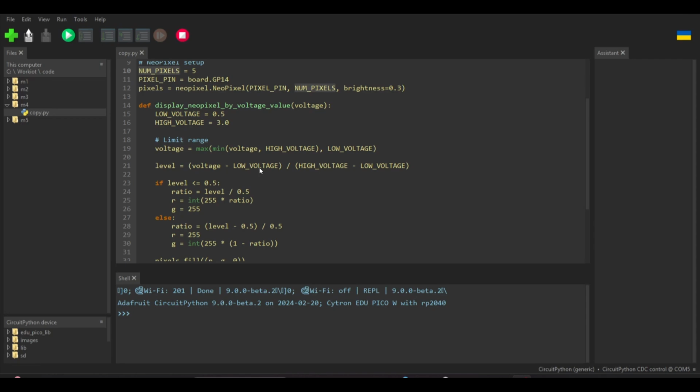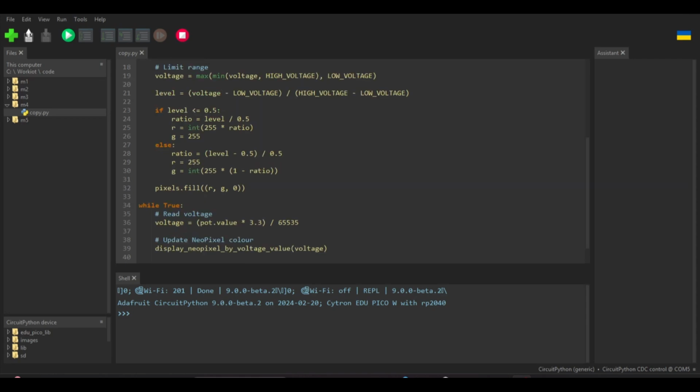R is the integer of 255 multiplied by ratio, which increases from 0 until 255 as voltage moves from low to mid, and G equals 255 keeps green fully on. The result starts at green (0, 255, 0) and moves to yellow (255, 255, 0) at midpoint.